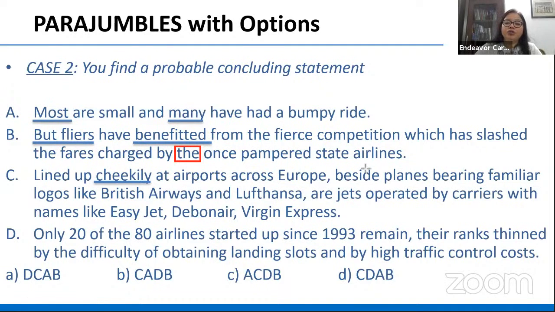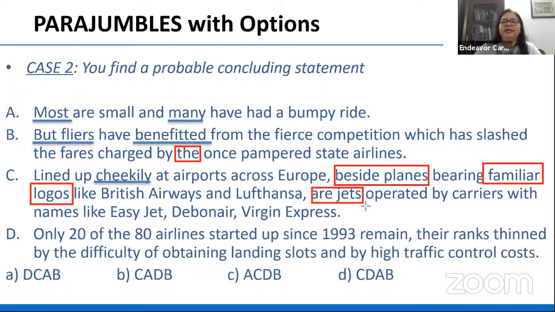Lined up cheekily at airports, what do you find? Beside planes bearing familiar logos, bigger, well known, well reputed logos like British Airways and Lufthansa, are other jets operated by carriers with such names, which are not well known. And what does sentence D tell me?